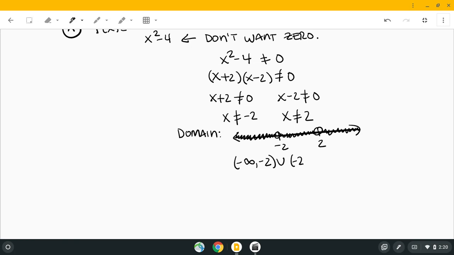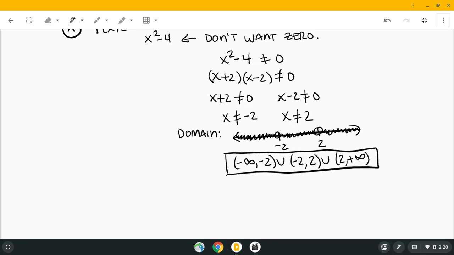And again, negative 2 to positive 2, but again, we don't want to include the 2, so we will use parentheses. And then for this third shaded area, 2, not included, so don't use the bracket, use the parentheses, all the way to positive infinity. Okay, so this would be the way to write your answer.